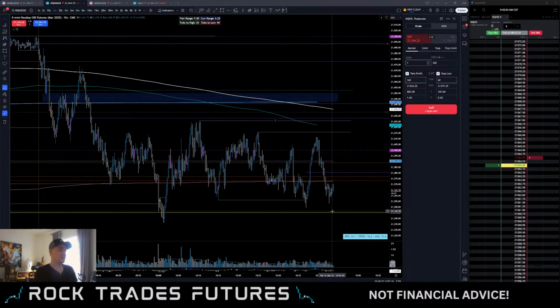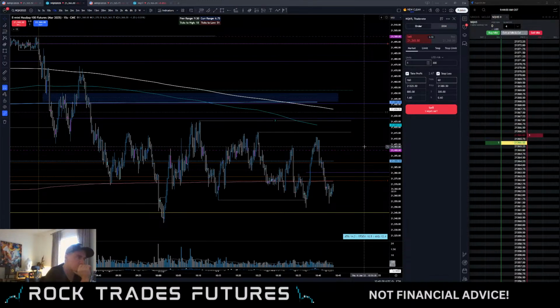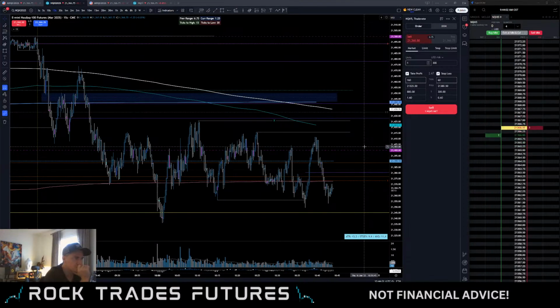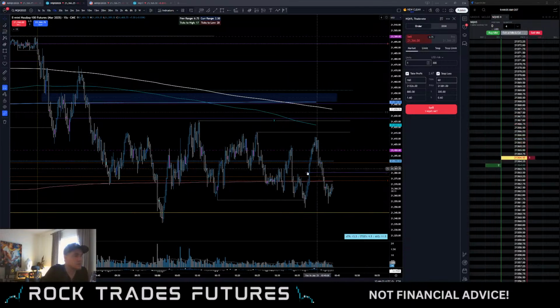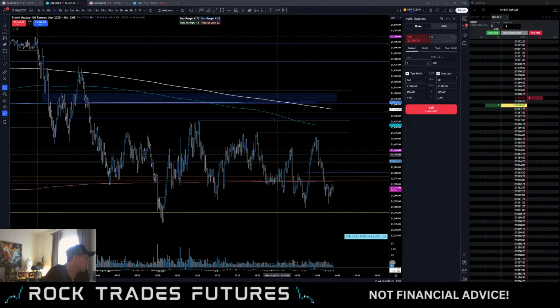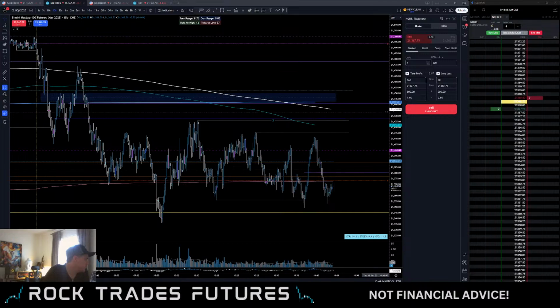Is it going to get lower right now and then go higher? Just a broadening formation within a broadening formation, and you have a mother bar on the 30.